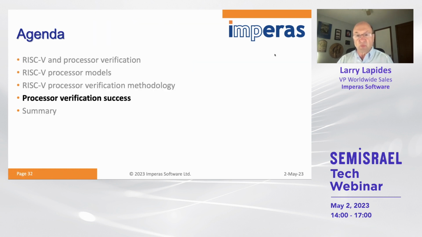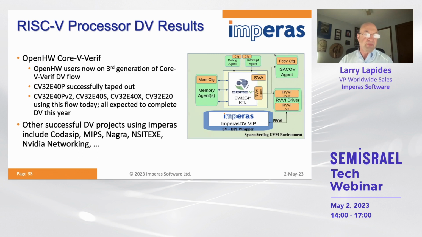So that's the methodology side. Let's talk a bit about the successes here. So this is the OpenHW Group CORE-V-VERIF. So this is effectively that same methodology that I've shown earlier, but this is now translated, if you will, to the OpenHW terminology and from their slides.